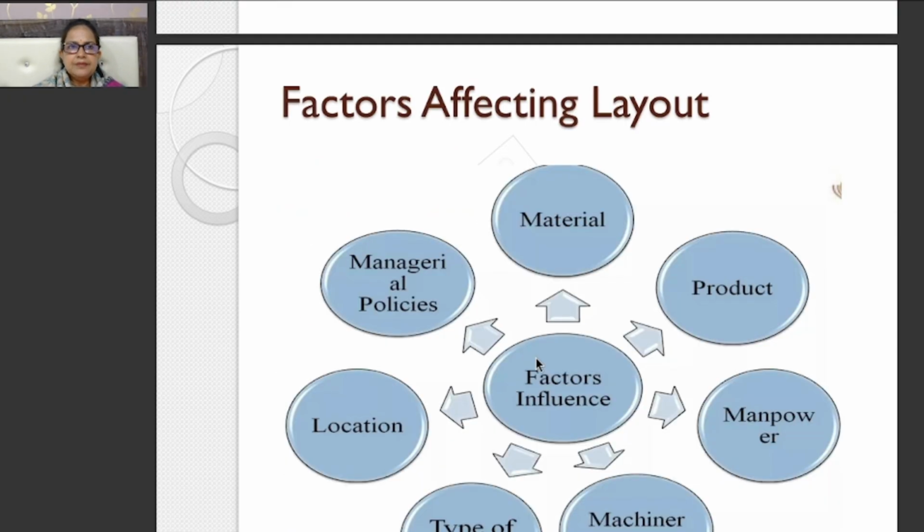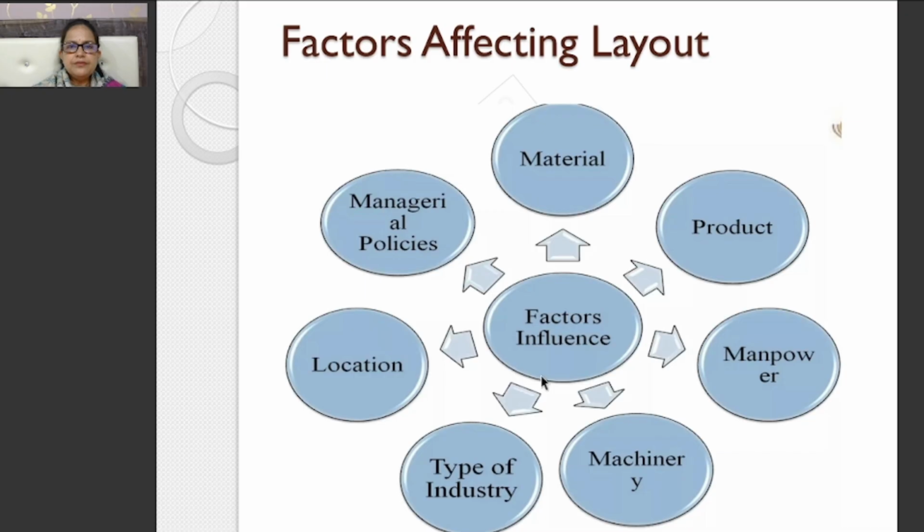Factors affecting layout. What are the different factors we have already discussed? Material, availability of raw material, and product, what type of product we are producing, is also a factor affecting layout. Manpower availability, machinery, flow of machines, how the machines will be arranged.